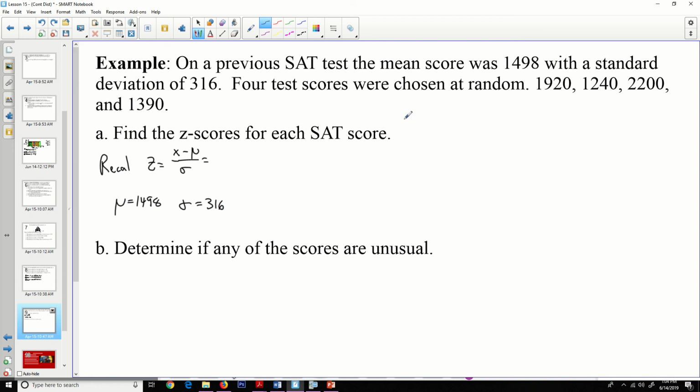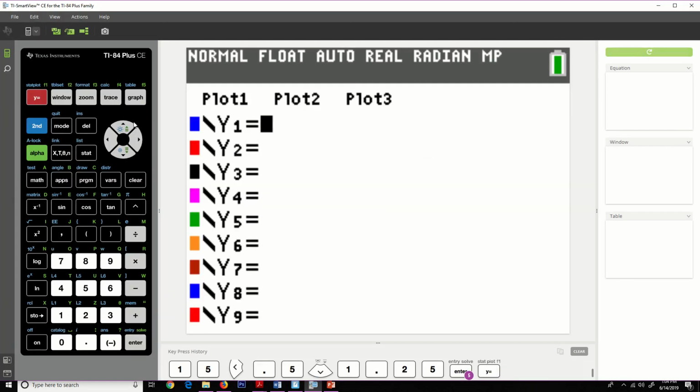I'm going to make a table and use the graphing calculator, because the only value that's changing is the x value. So I'm going to write these down: the z-score for 1920, 1240, 2200, and 1390. And we're just going to have the calculator do it for us.